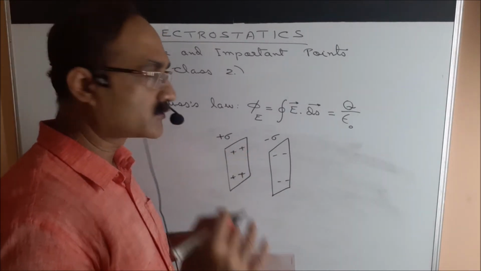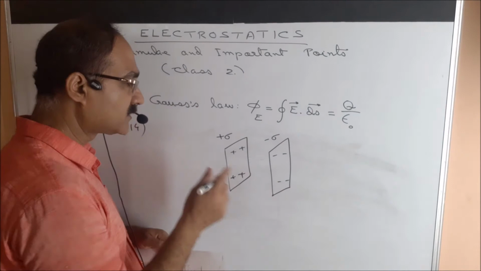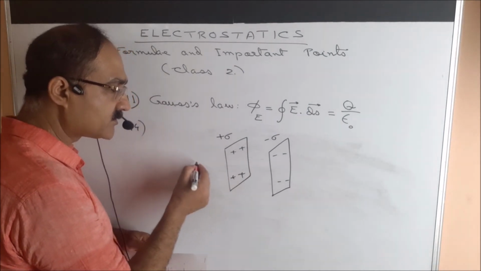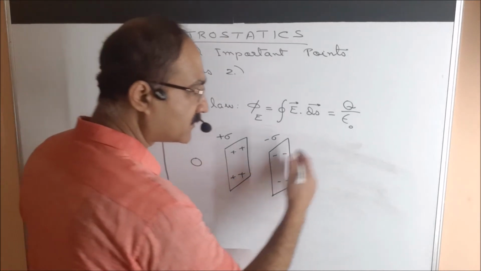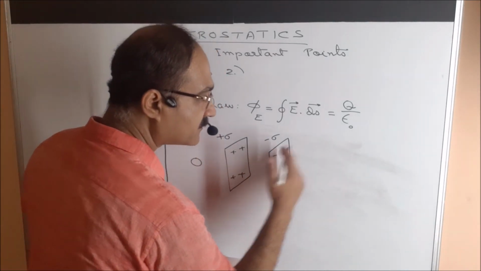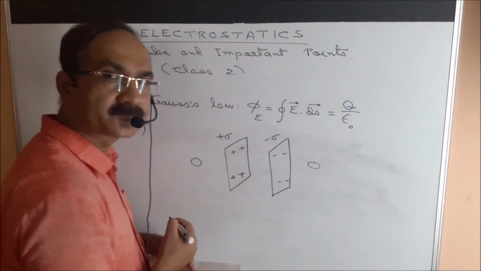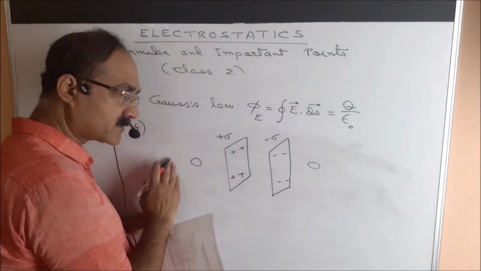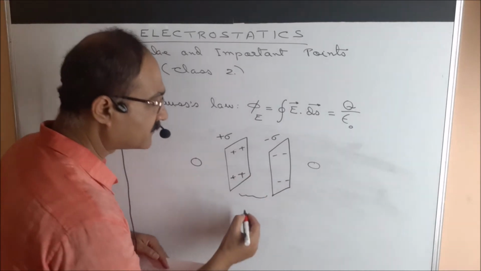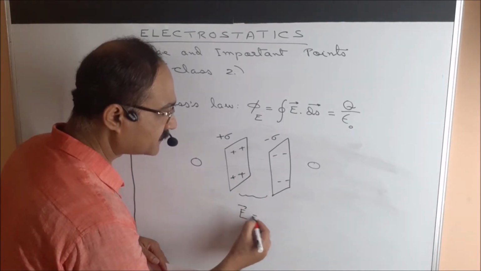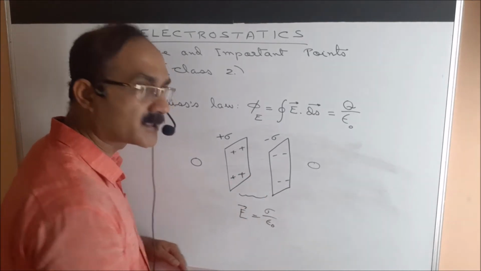In this particular situation, what happens is the electric field in this region is 0. Electric field in this region, meaning towards the right of this plate, is 0, left of this plate is 0, and in between the electric field is given by sigma by epsilon naught.